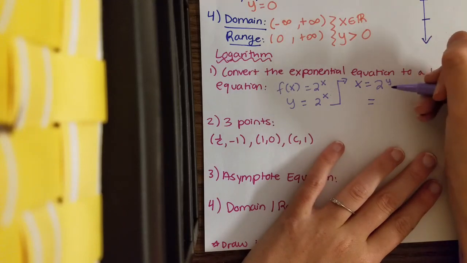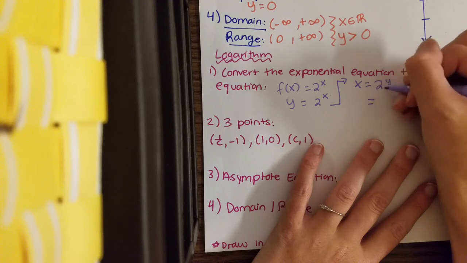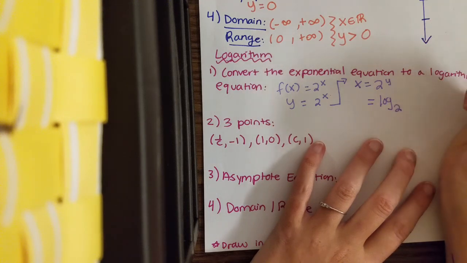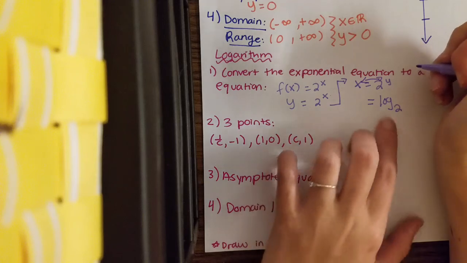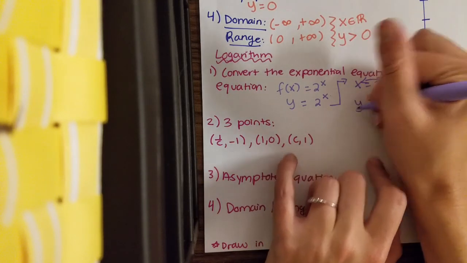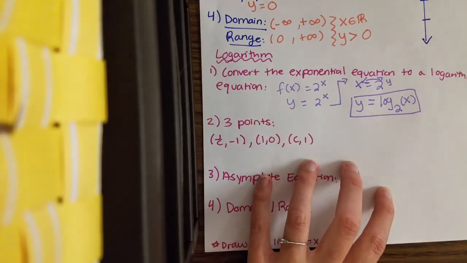And the log is going to stay on the same side as your exponential. So it's going to stay with the base. So since the base is on this side, my log's going to stay on this side. It's going to have the same base, which is the 2. And remember, these two trade spots. So my x hops inside the log, and my y hops to the other side. So this would be our inverse equation.